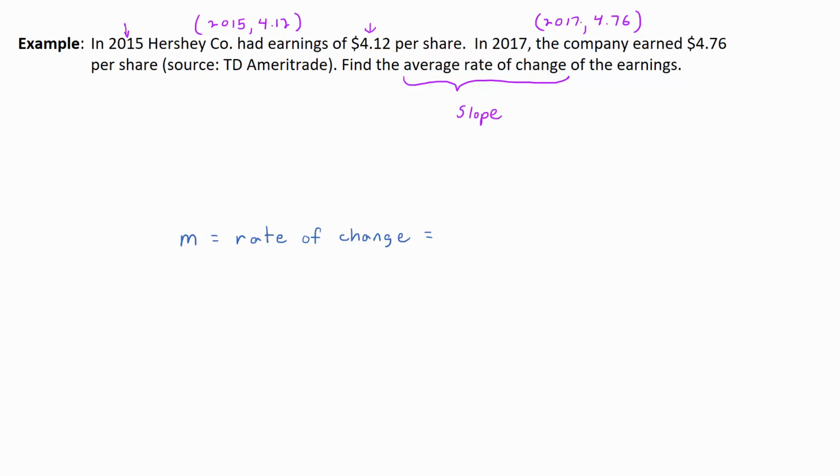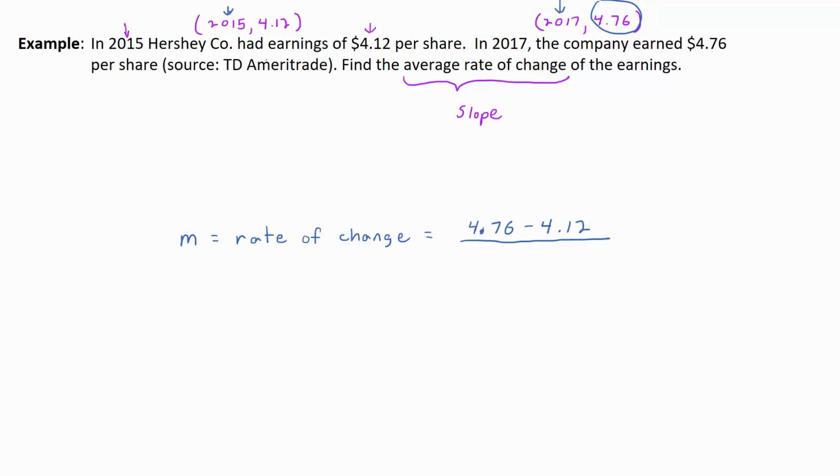Okay, remember the rise is given by the difference between the second coordinates. That would be 4.76, taking this one first, $4.76 minus $4.12. For the run, the denominator here, take the difference between the first coordinates.